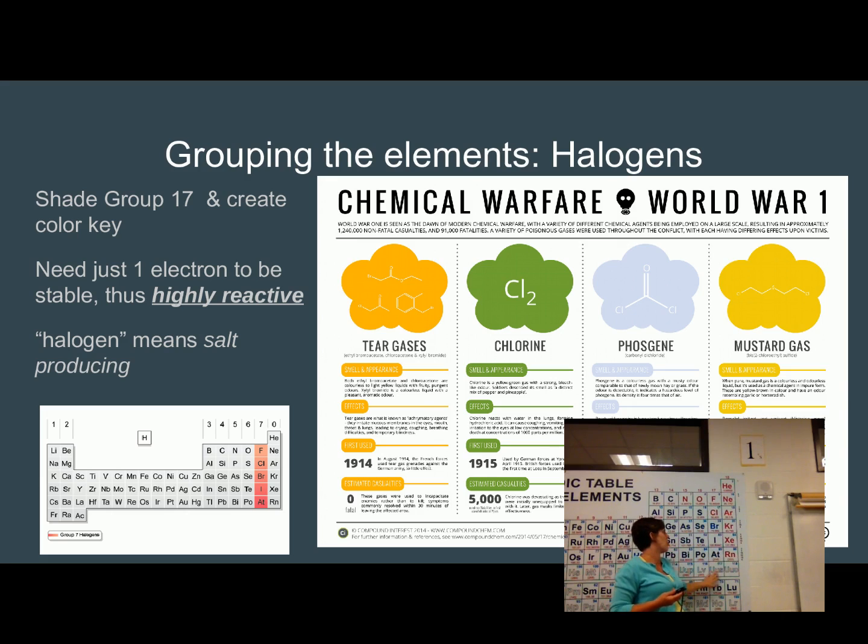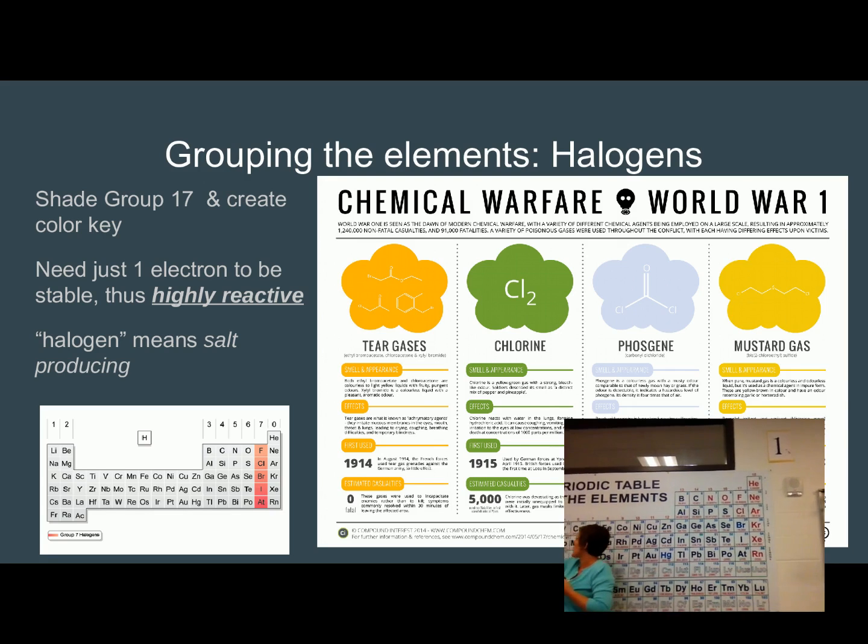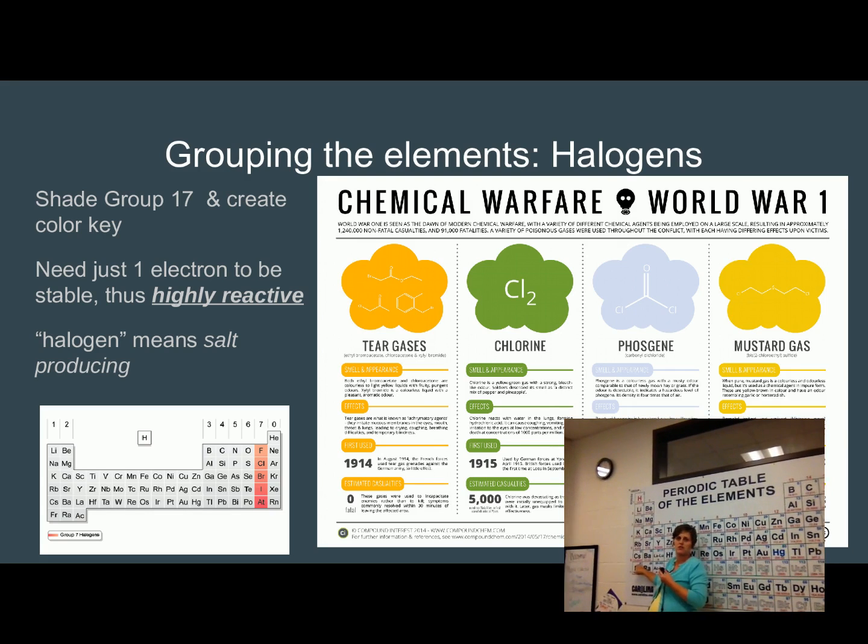So halogen means salt producing. And again, these are going to be more reactive than this. Highly, highly reactive. Your 2 most reactive groups on the periodic table are your halogens and your alkali metals.